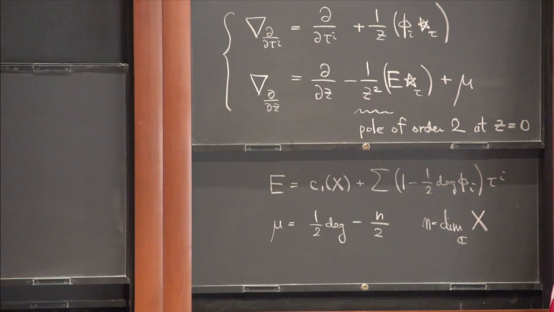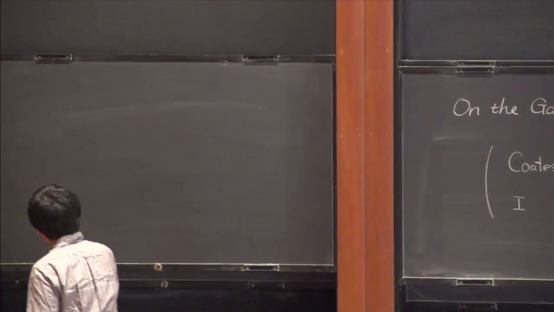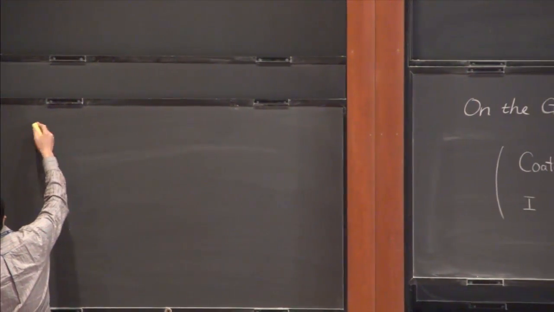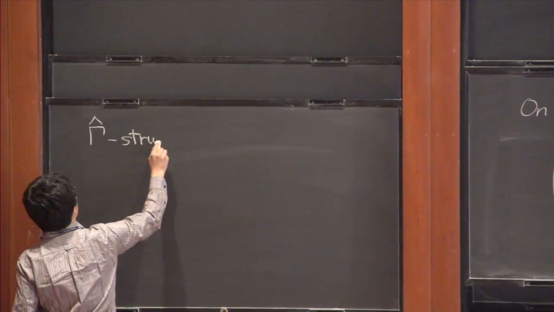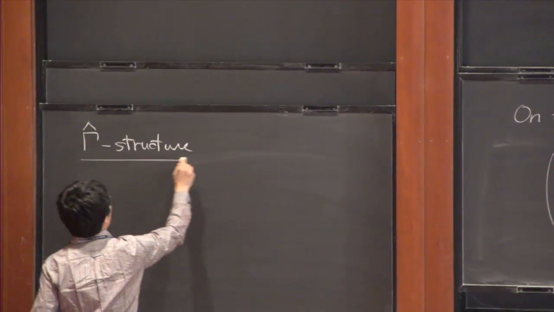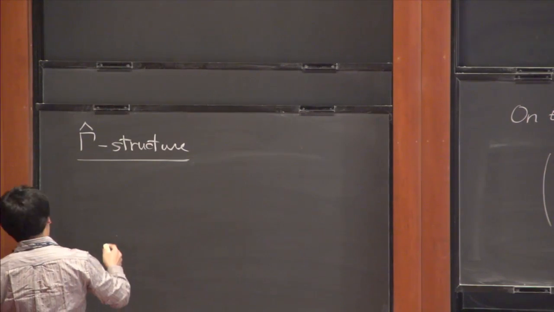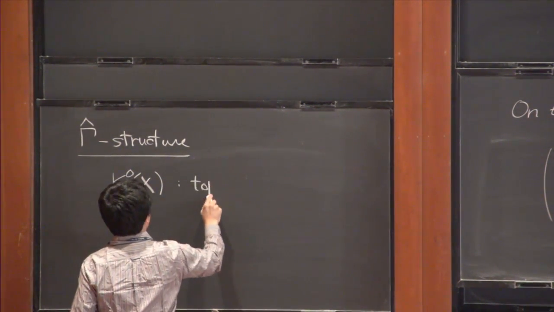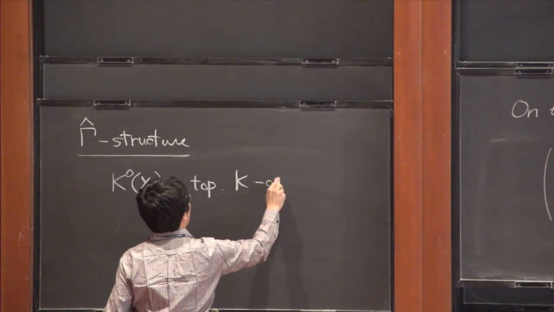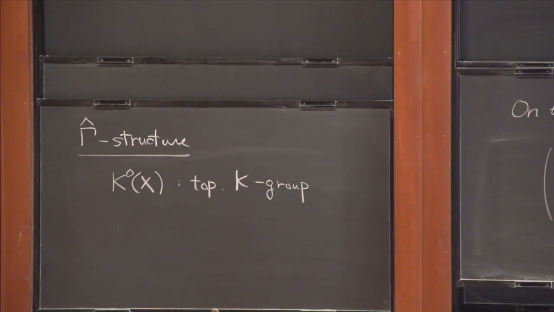This is the quantum connection, and on it we can define a structure called the Gamma structure, or Gamma integral structure. Let K^0(X) denote the topological K group, that is, the Grothendieck group of topological vector bundles.